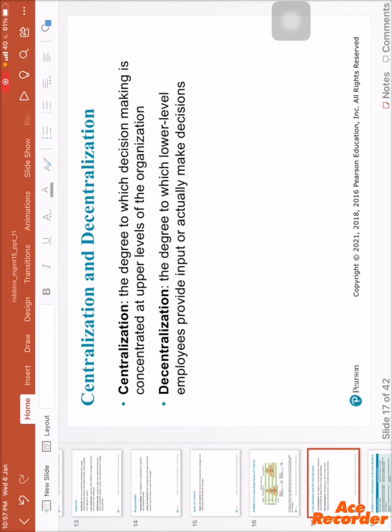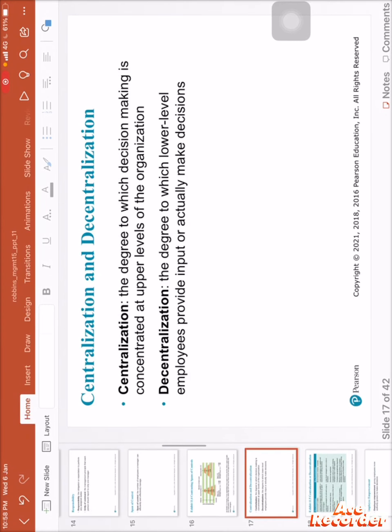So for us in any country, like in China, in other functions, we need to follow all the instructions from the HQ. But if we decentralize, then every branch may make its own decisions in terms of recruiting employees, creating jobs, or control over their budget and so on. That is what we call centralized and decentralized.